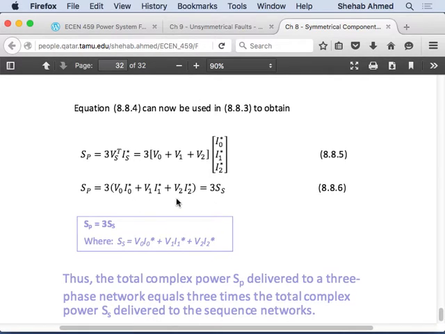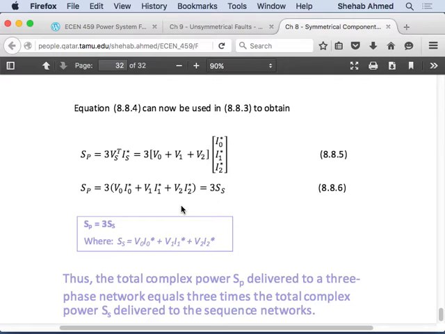Remember, each of these circuits now is a balanced circuit, right? In the zero sequence circuit, all the voltages are equal and all the impedances are equal, which means all the currents are going to be equal in the zero sequence circuits for all the phases. So take one of them multiplied by 3, right?